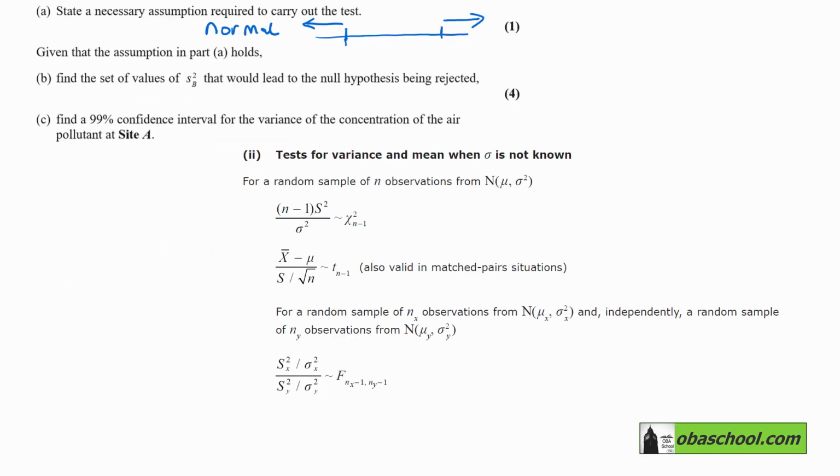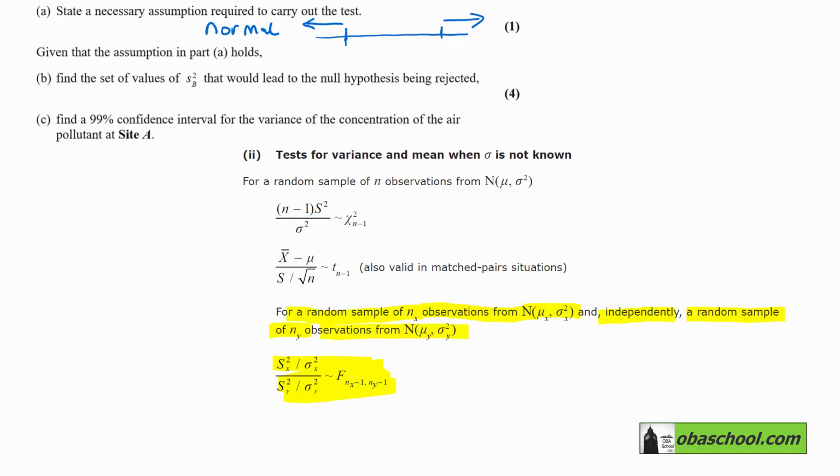Now, from the same section of the formula booklet that we used before, I can see this. For a random sample of nx observations from a normal distribution mu x, sigma x squared, and independently a random sample of ny observations from a normal distribution mu y, sigma y squared, we can use this as our test statistic using the F distribution.